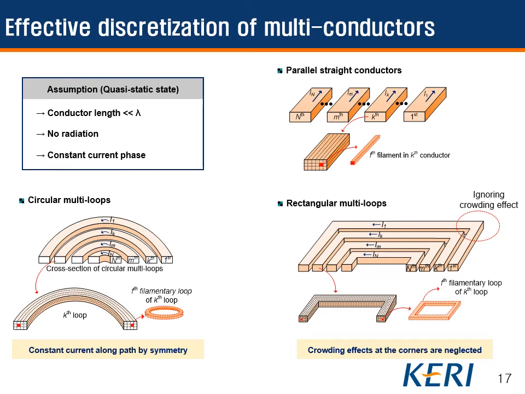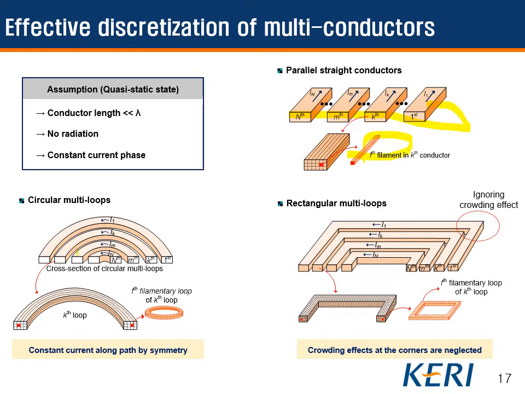For the volume filament model, it is important to discretize a target coil. Here we consider three cases: printed parallel straight conductors, a printed circular spiral coil, and a printed rectangular spiral coil. For the parallel straight conductors here, the conductor is discretized into finite-thickness lines.